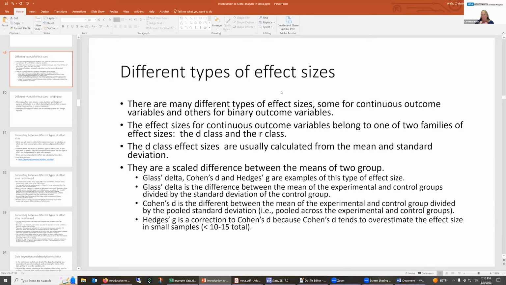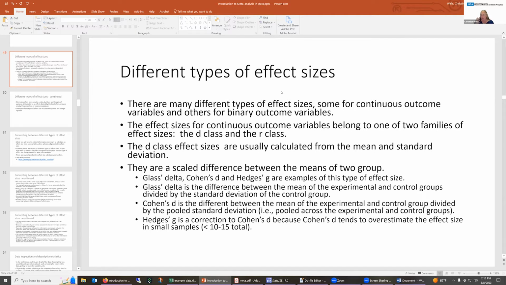If it got divided by the pooled standard deviation, pooled between the experimental and control groups, we call it Cohen's d. If we had Cohen's d and we did a little correction, because Cohen's d tends to overestimate the effect sizes in small samples, then we call it Hedges' g.